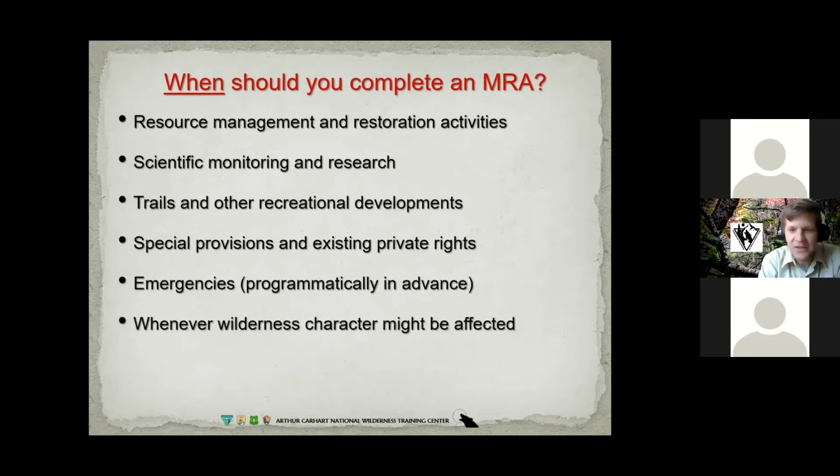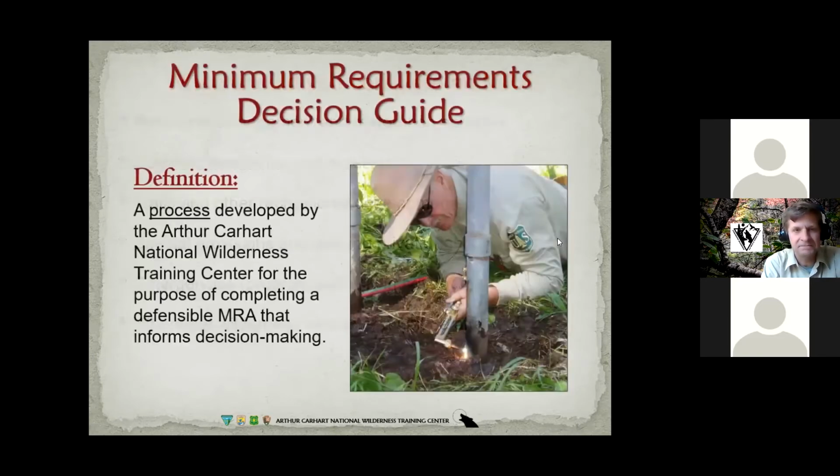So someone touched on this earlier. Anytime there's an action in wilderness, or to put it a little more specifically, whenever wilderness character might be affected, which may be any action that occurs from a management perspective. Next slide. So the minimum requirements decision guide.